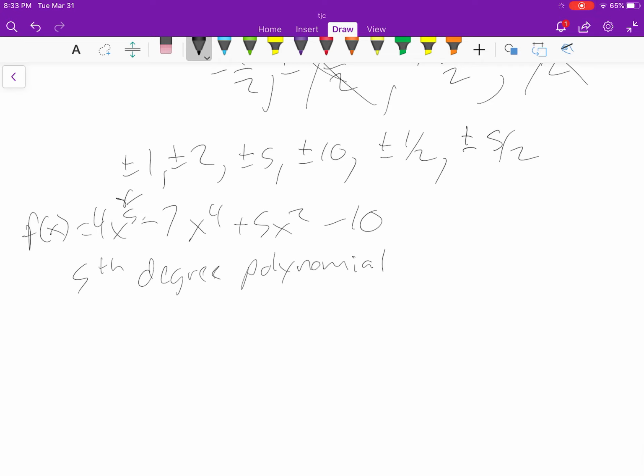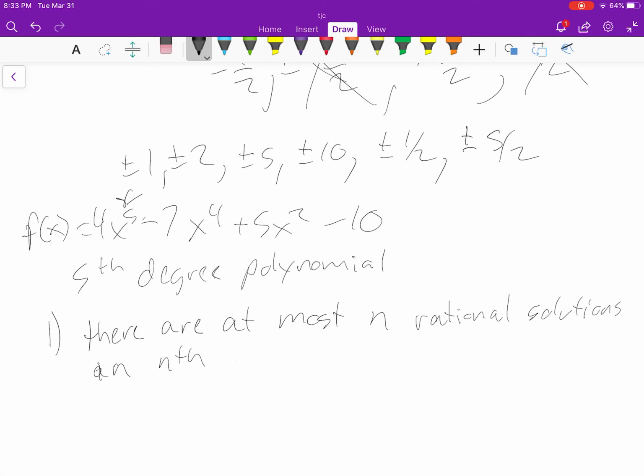Well, the properties of polynomials state that there are, one, at most as many solutions as the degree, in rational solutions, in an nth degree polynomial.